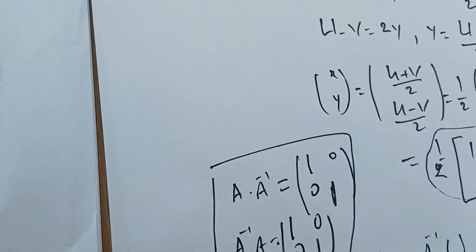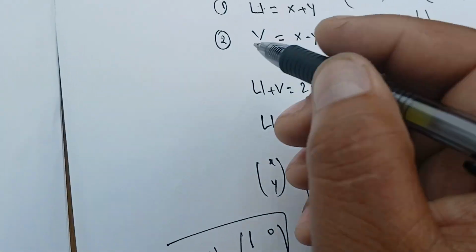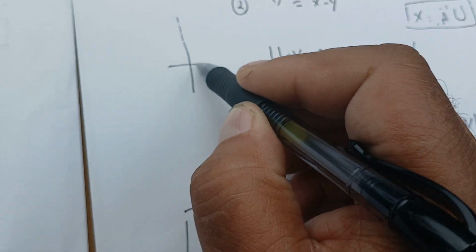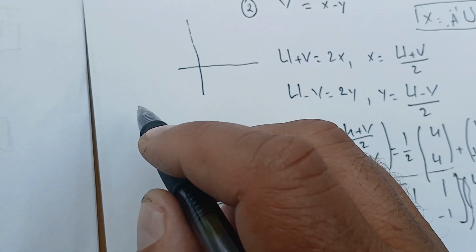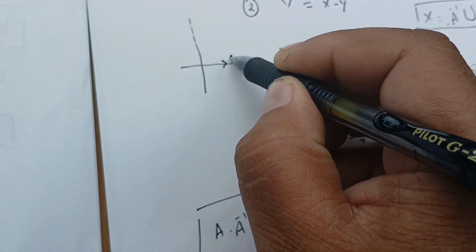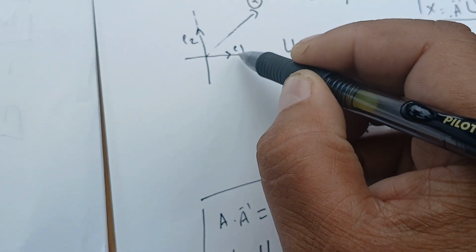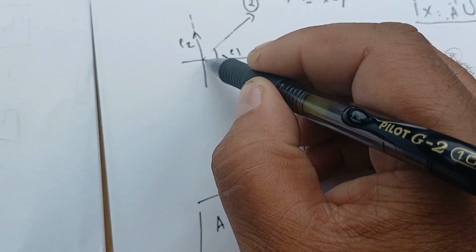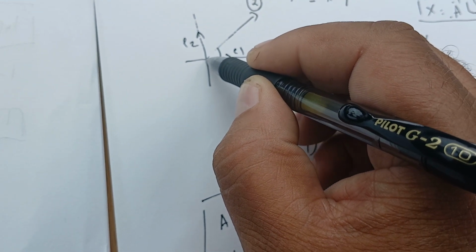Okay, so the effect of this matrix on any vector is that it will take e1 on this line here at 45 degrees, and it will take e2 on this one here.